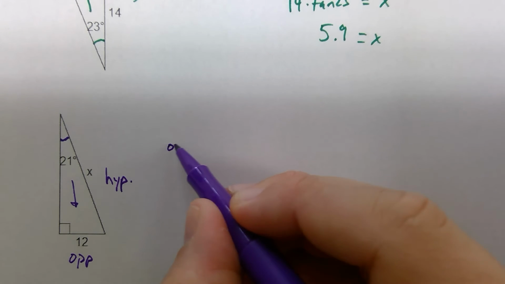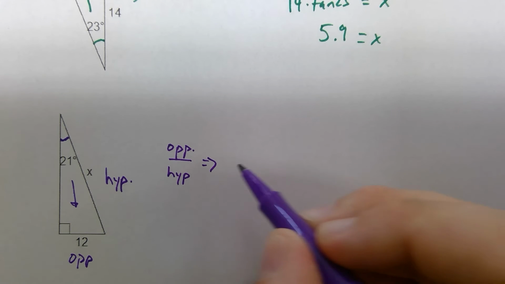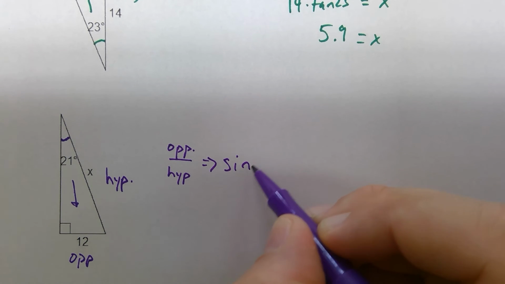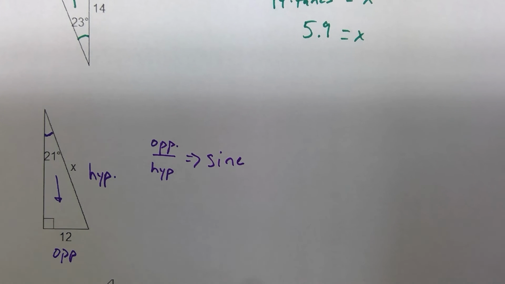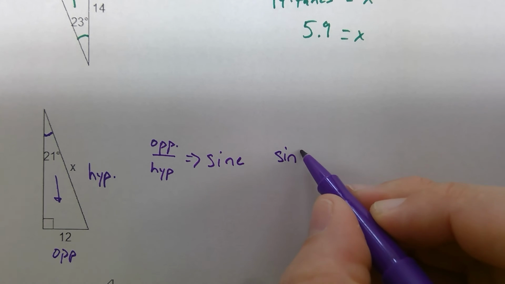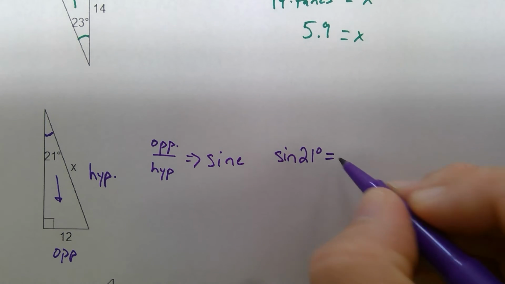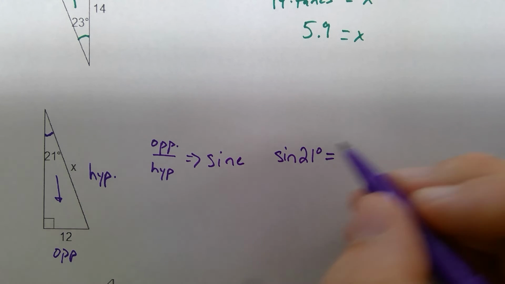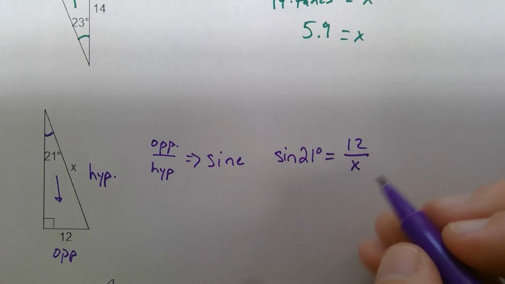If I'm thinking of opposite and hypotenuse, I want to think of sine. So I set up my trig function: sine 21 degrees, that's our reference angle, equals my opposite side of 12 over my hypotenuse of x.